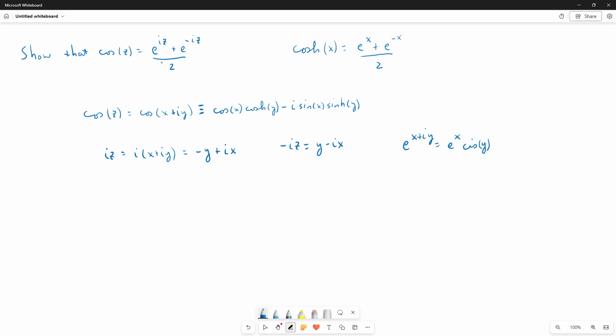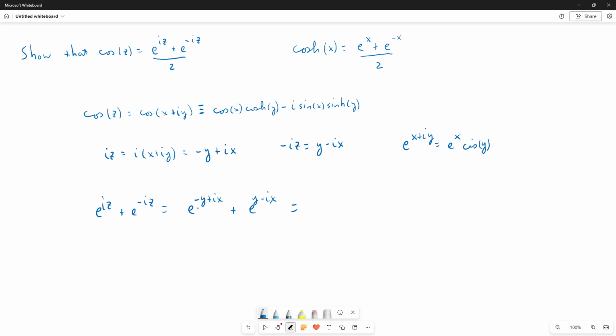And then we'll be done. So let's look at e to the iz plus e to the minus iz. So e to the iz is e to the negative y plus ix. And then e to the negative iz is e to the y minus ix.